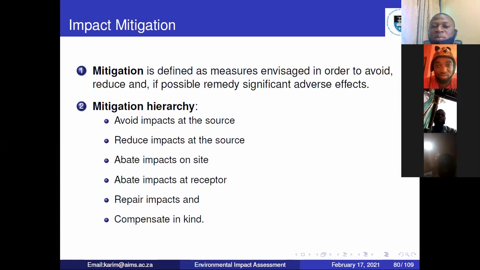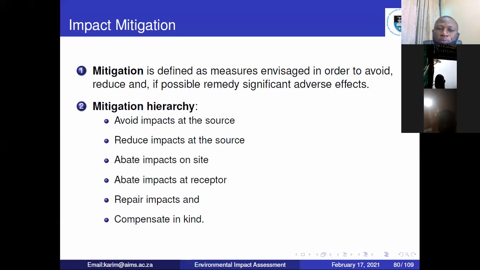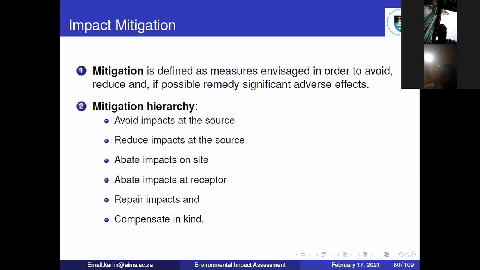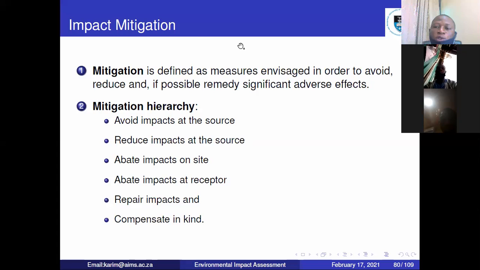And I'm talking about mitigation. So we are now going to look at the impact mitigation. How do we deal with impact mitigation?